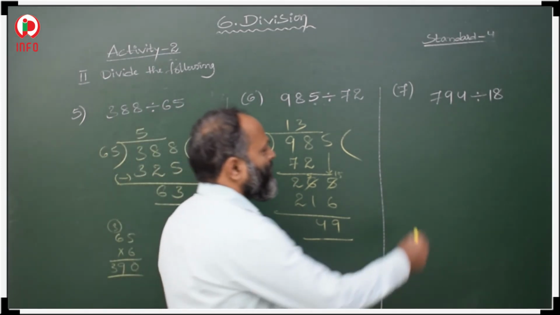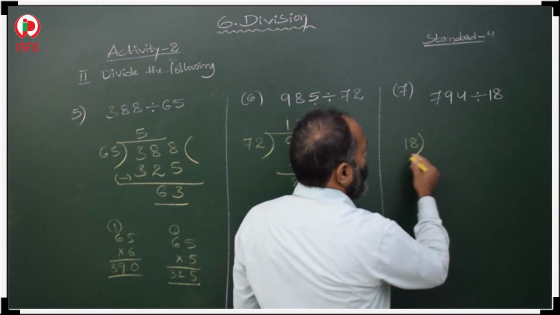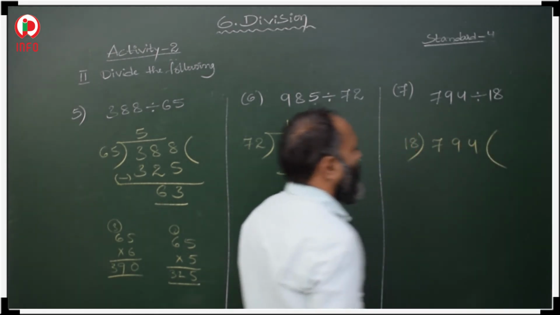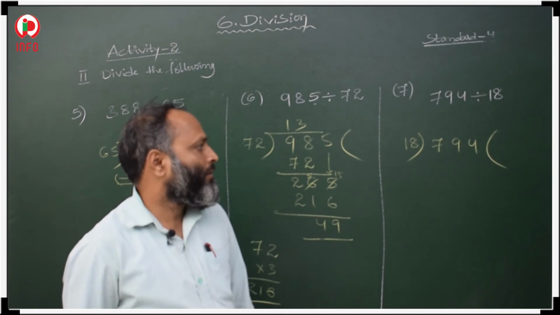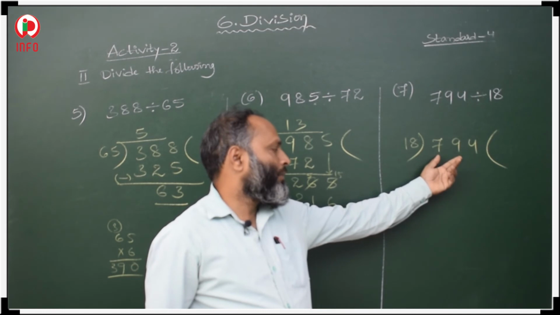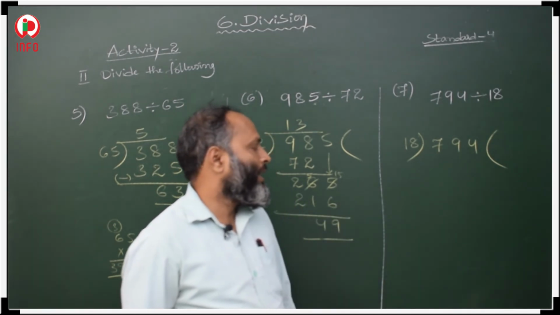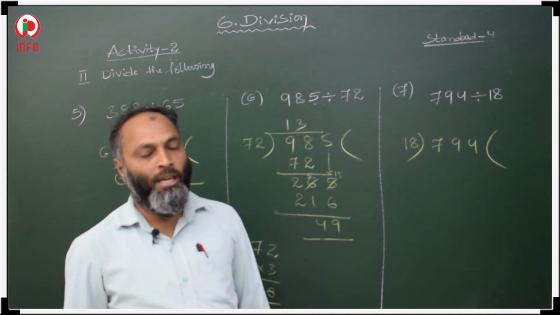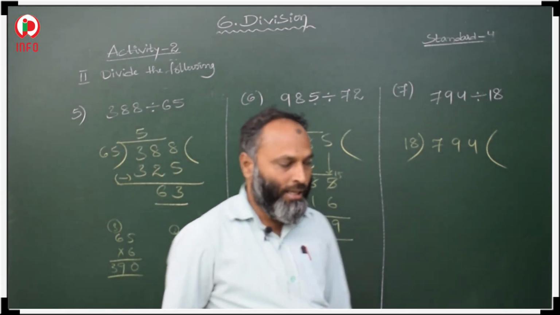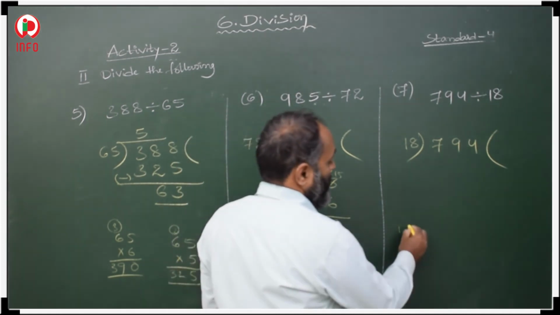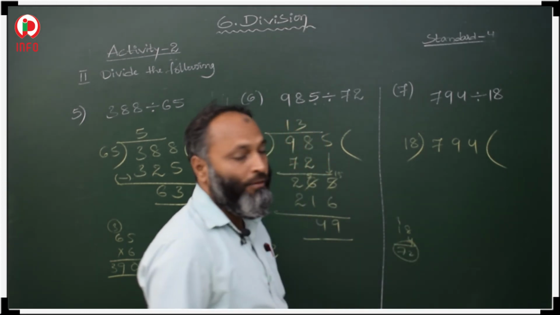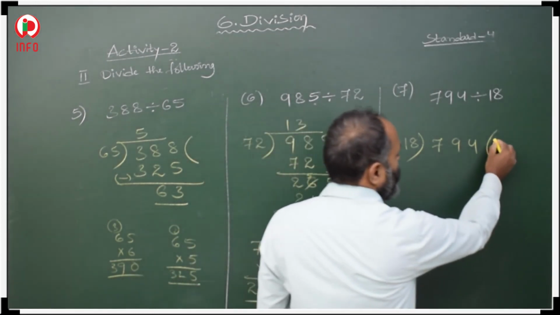Now 18 divided by 794. Now 18 table. First we have to take 2 digits, 79. Then in the 18 table when will you get 79? 18 ones are, 18 twos are, 18 threes are, 18 fours are 72. You will get 72. 18 fours are 72.